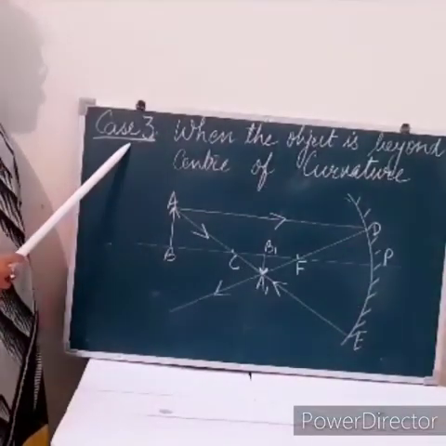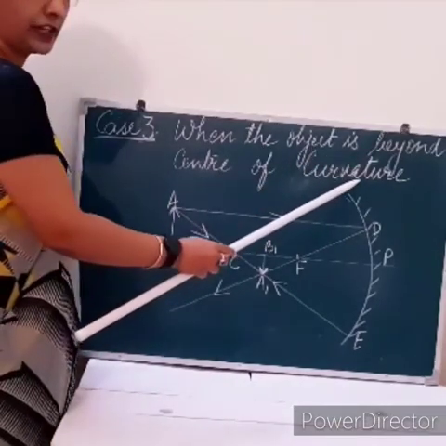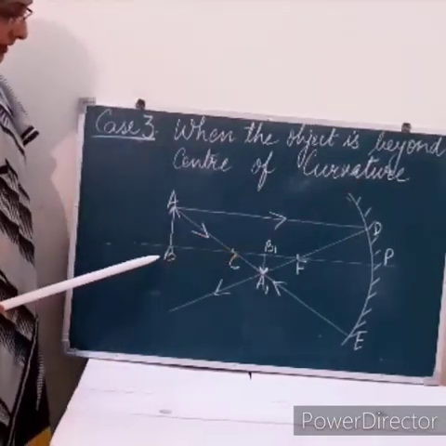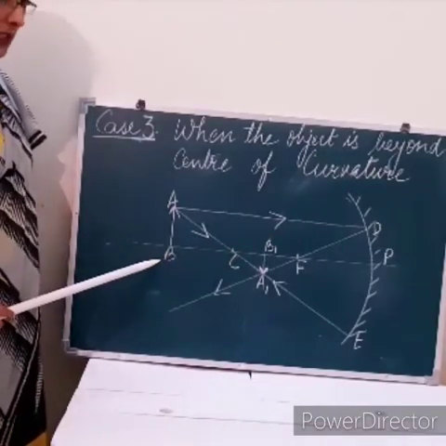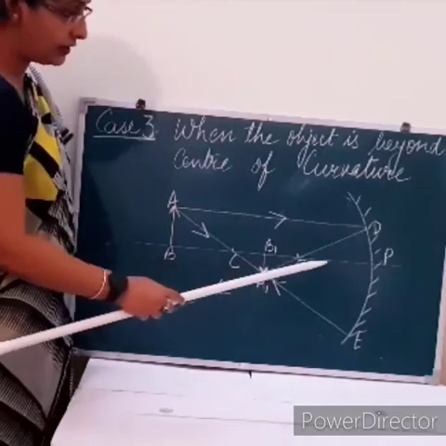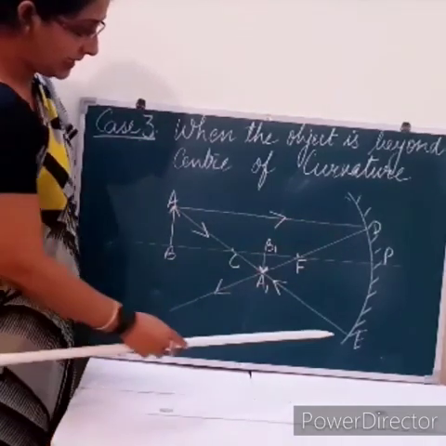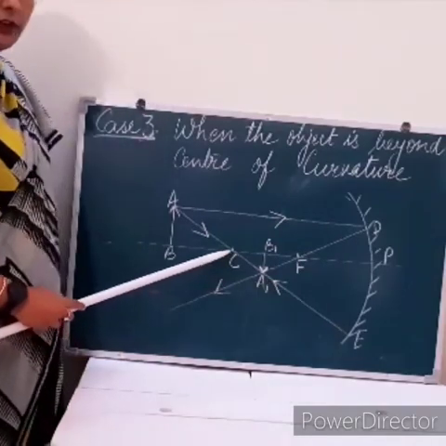Third case, when the object is beyond center of curvature. Consider AB as the object. We're going to take two rays here, that is AD parallel to the principal axis and a ray AE passing from center of curvature.